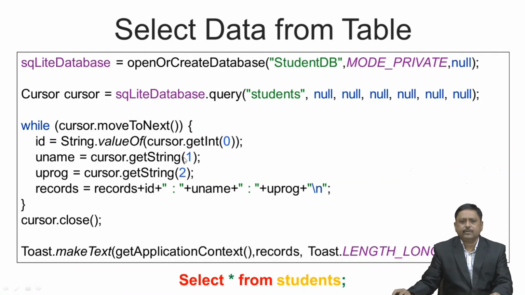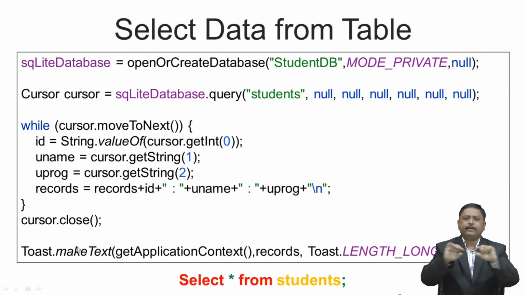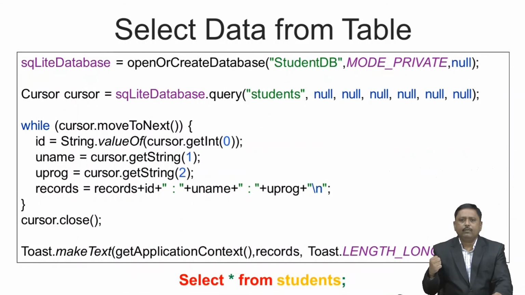Now it fetches the second row data, it is appended in records, and then it fetches the third record or row and appends it inside records. After that this loop finishes, the cursor is closed, and then we display that value inside a toast. So this is how we can select data from a table.